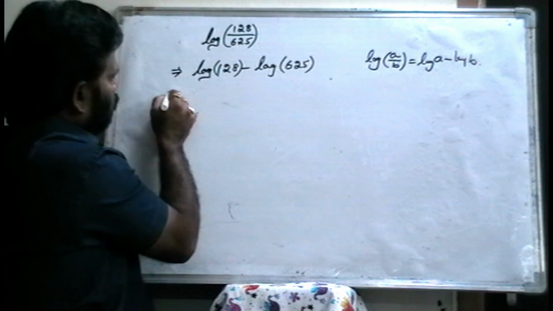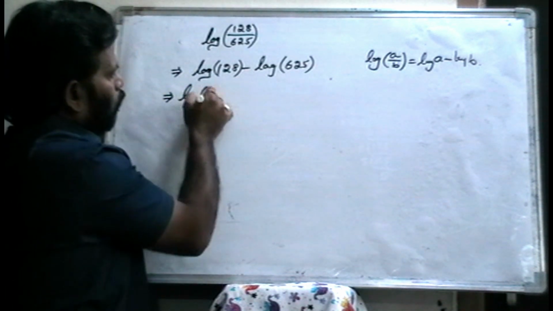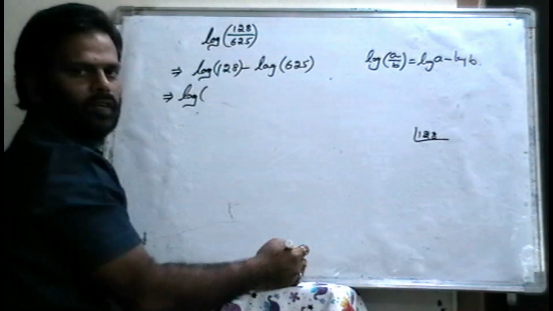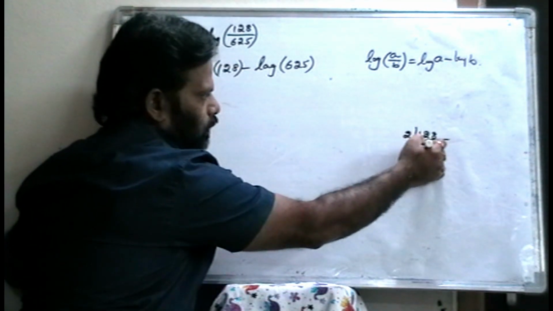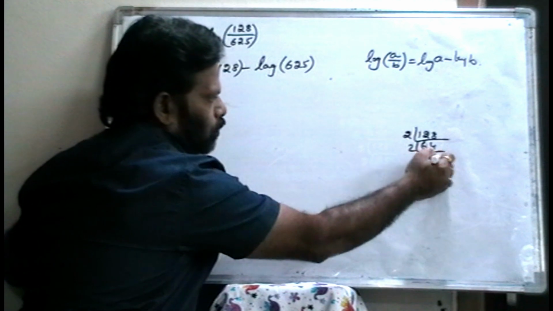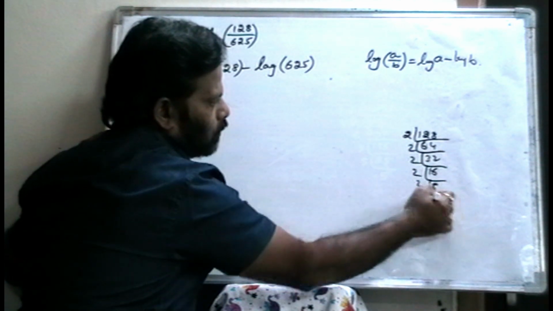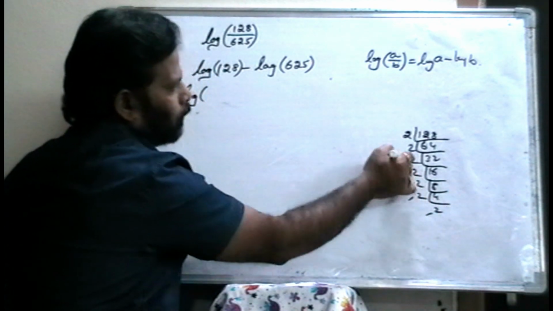Now that implies log 128. 128 divided into prime factors: 2 64s, 2 32s, 2 16s, 2 8s, 2 4s, 2 2s are. 1 2 3 4 5 6 7.